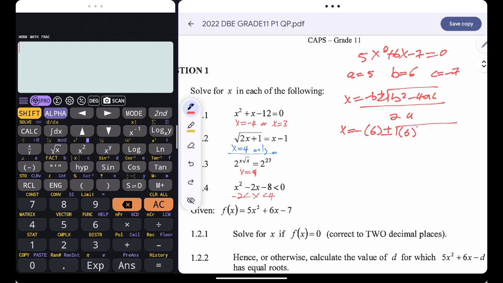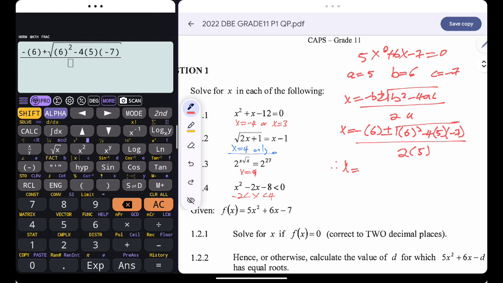Then x is negative b, and our b is 6, plus or minus the square root of 6 squared minus 4ac, all over 2a. That's minus b plus the square root of b squared minus 4ac all over 2a.